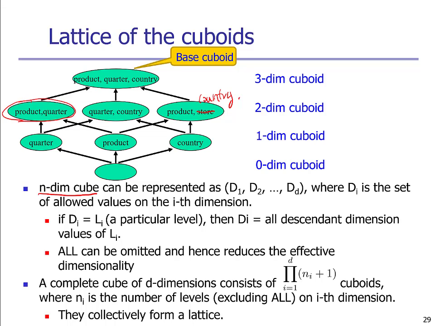Because this cuboid represents the total sale, for example, across different products and different quarters, and so on and so forth. Here should be country rather than store.